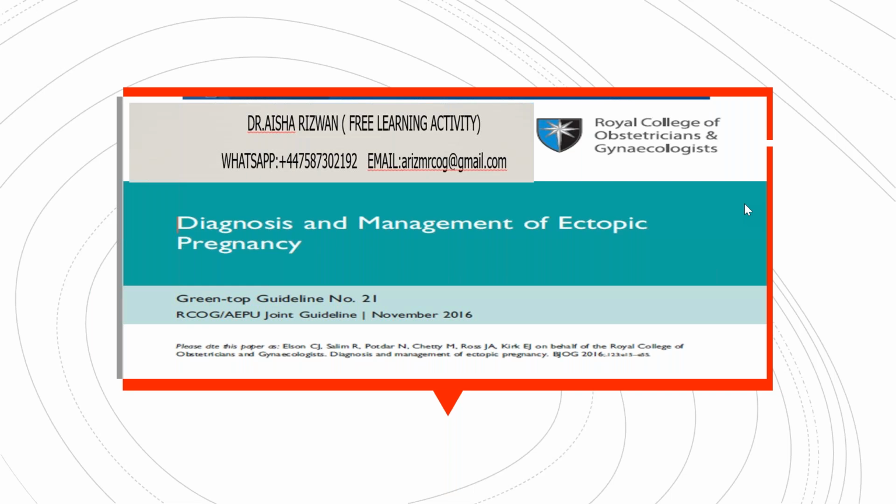Always think about heterotopic pregnancy if your patient is having multiple complaints or she had this assisted IVF pregnancy. Then if she has experienced a miscarriage, but still she is experiencing pain, in such cases you have to think about heterotopic pregnancies.